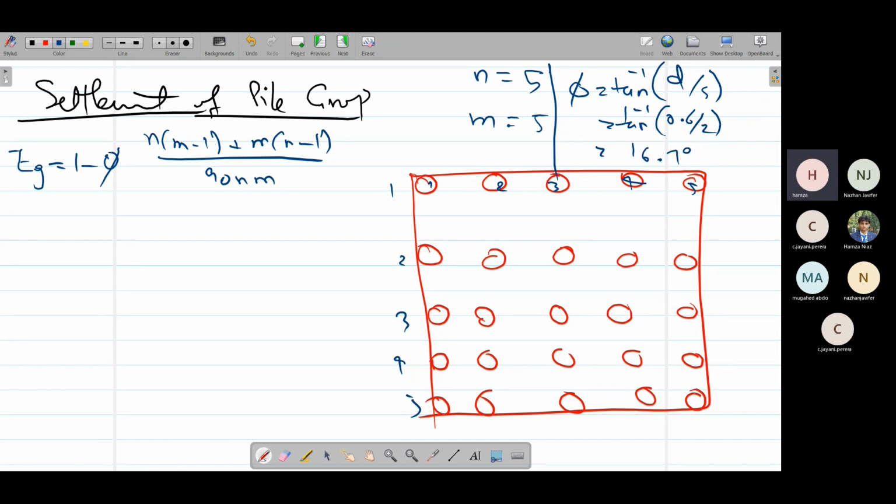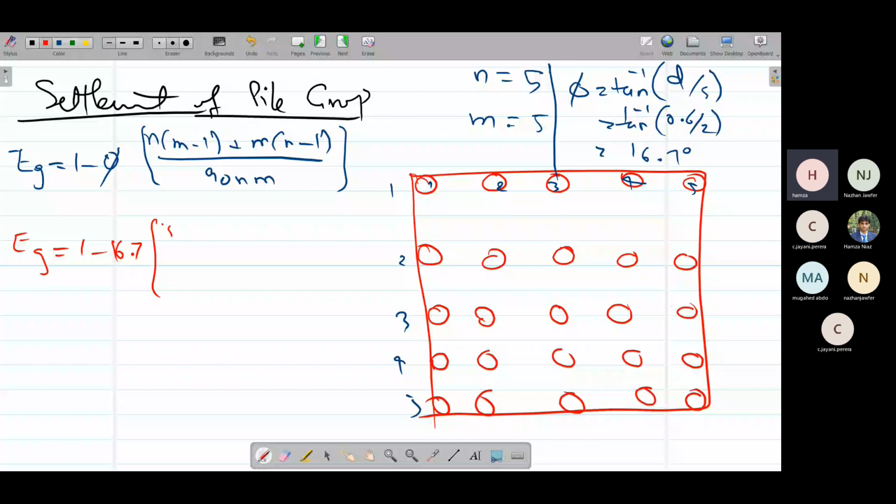16.7 degrees. So this is the whole thing we require for group efficiency. Now group efficiency is simply (n − m)(5 − 1) + 5(I − 1) over 90 × 5 × 5.